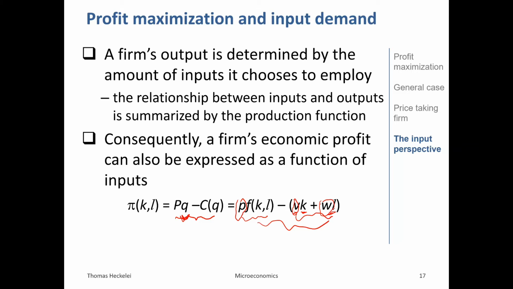So the assumption here is the firm is price taker. Any decision it makes concerning output or input quantity will not affect the market price of these inputs and output.